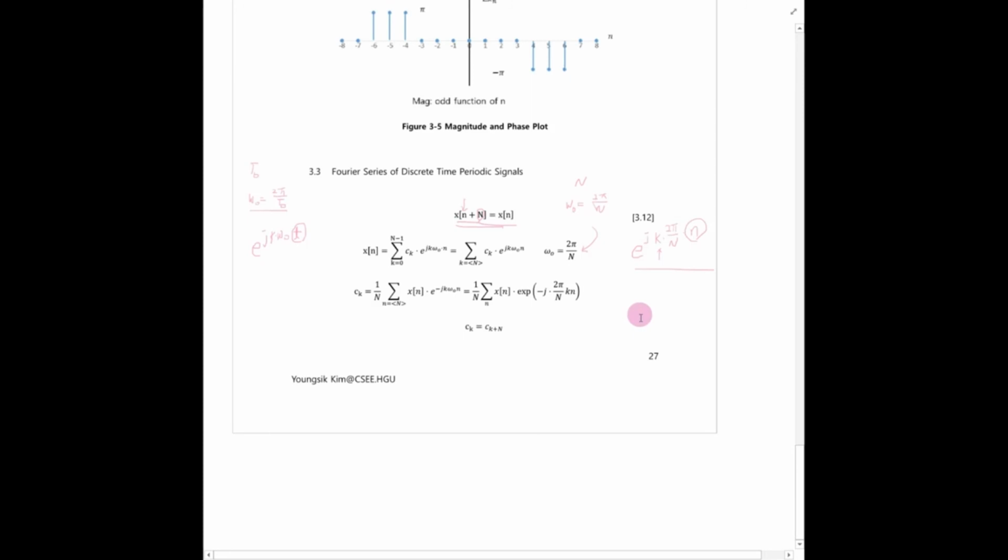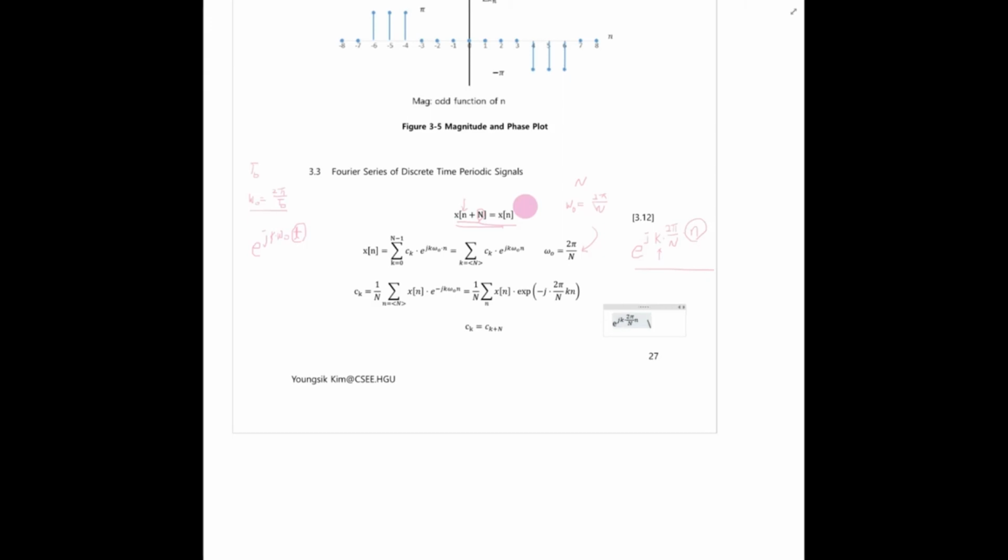In the digital domain, the complex exponential can be given like e to the j k 2 pi over N times n.